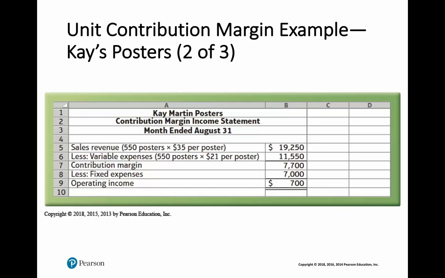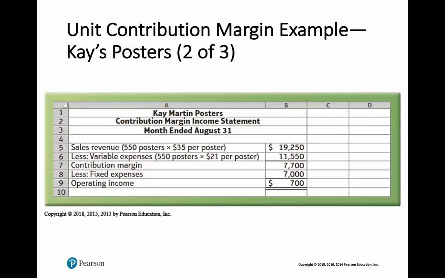Here they're illustrating that you would take your sales minus your variable expenses. The other thing you could have done was 550 posters times $14 per poster to get to that 7,700. So you can do sales minus variable, or simply multiply number of units sold by that contribution margin per unit.